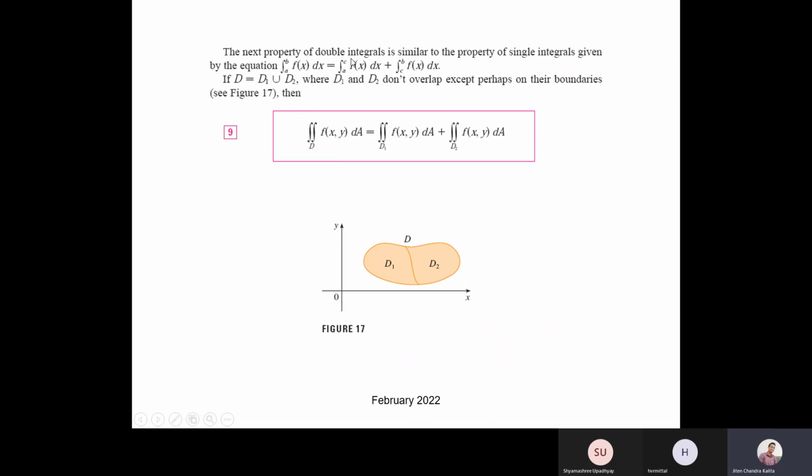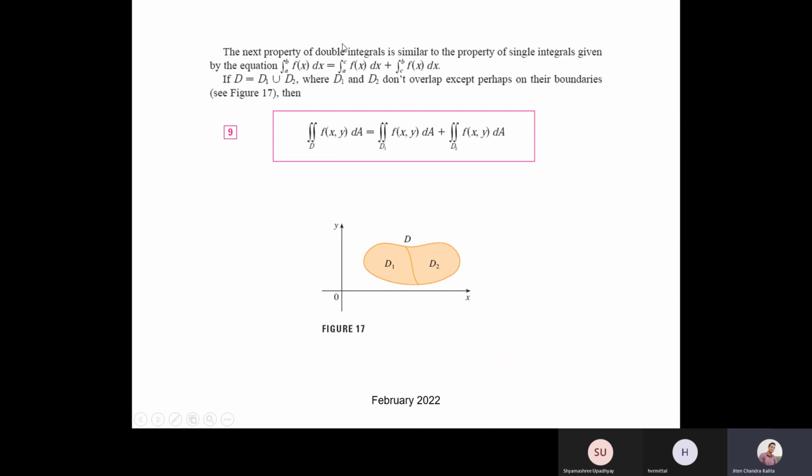This next property of double integrals is similar to the property of single integrals given by this equation. If c is an intermediate point lying in the interval ab, then you know that for a function of one variable, the integral of f between a and b is simply the integral of f between a and c plus the integral between c and b, right?